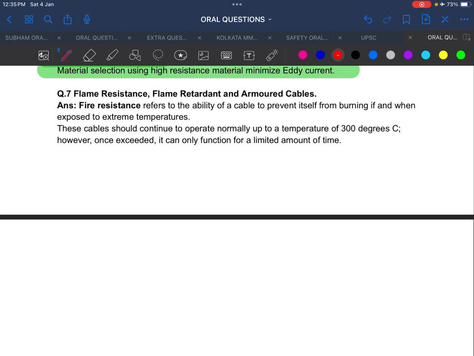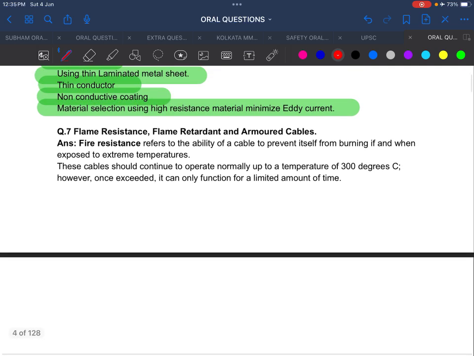If your cable is not fireproof, it will burn or melt and cut the power supply of the important emergency machinery, and your ship is in danger.